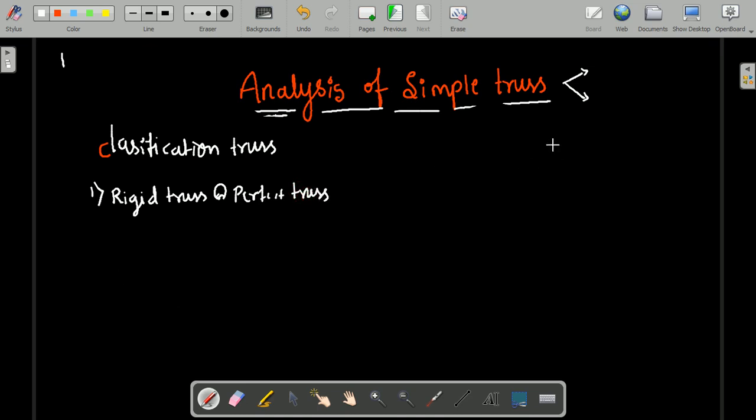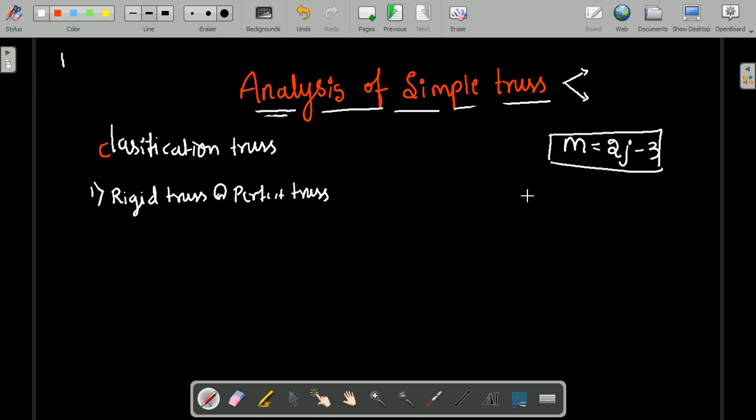We have the standard equation m is equal to 2j minus 3. This is very important, especially in order to find out the type of truss.